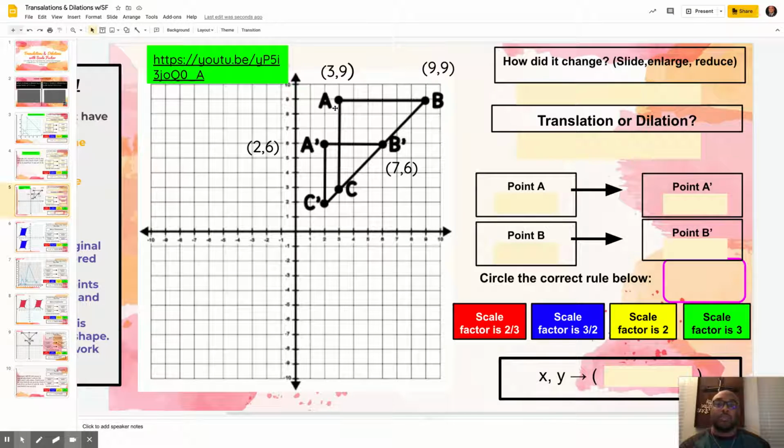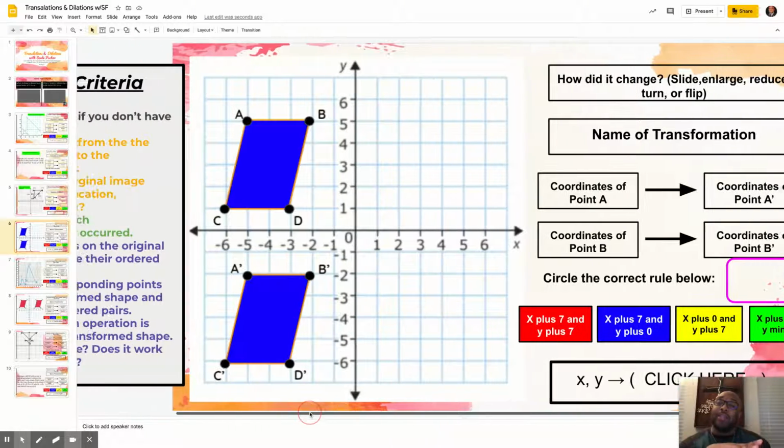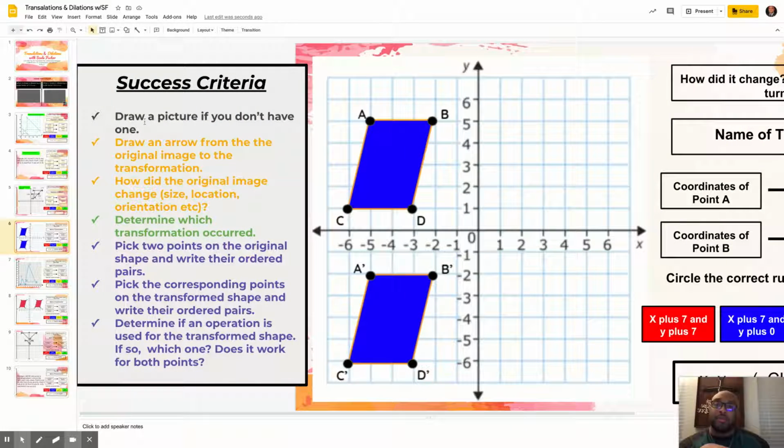The goal is that you would be able to look at A and then A prime and say, hey, that's obviously a dilation. Look at this and say, how did I get from here to there? I highly suggest that you follow our success criteria. Draw a picture, draw an arrow, ask yourself, how did it change? Which transformation is it? Pick 2 points and keep going.